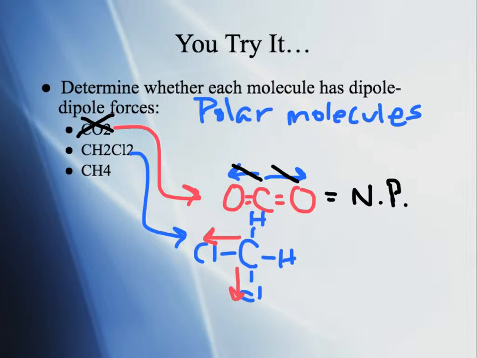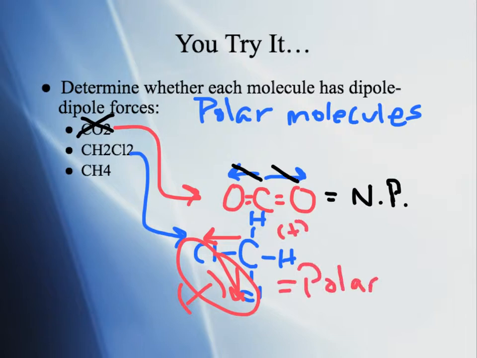So we're going to have a negative side over here and a positive side here. This means that this one is polar. If it is a polar molecule, then a bunch of CH2Cl2s together are going to have an intermolecular force of dipole-dipole. So we can circle that and say, yes, this one has dipole-dipole forces.